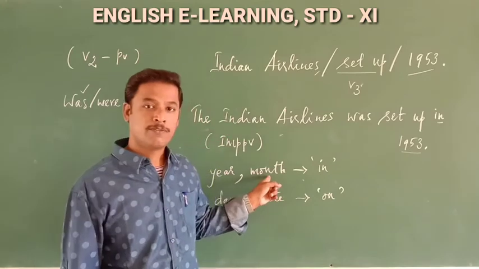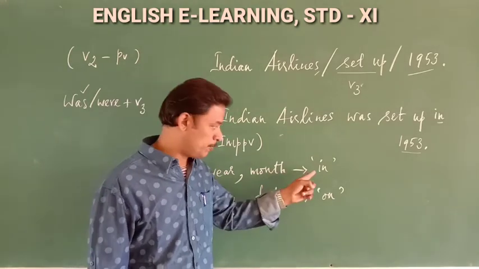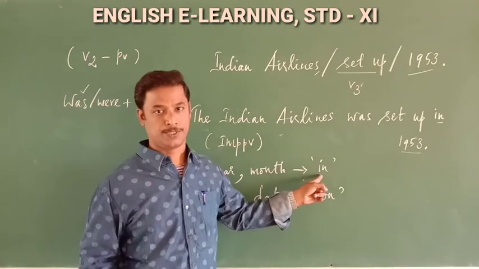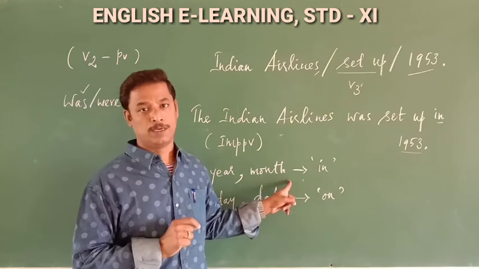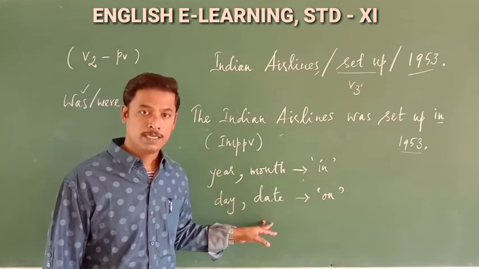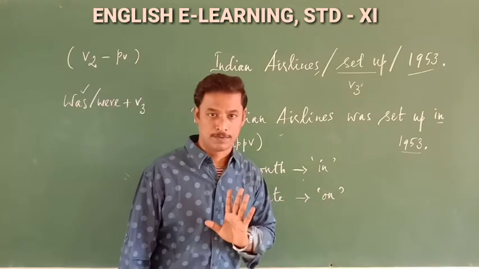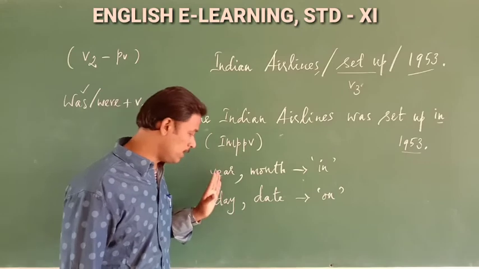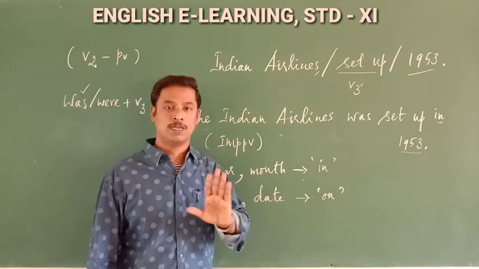Likewise, if you want to mention only the month, the same preposition in should be used. In March, in October, in September. If you find a day or date, you must select the preposition on. If you find only the year or only the month, you must select the preposition in.